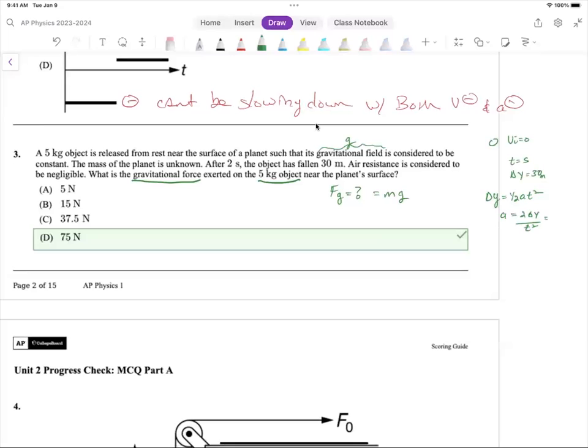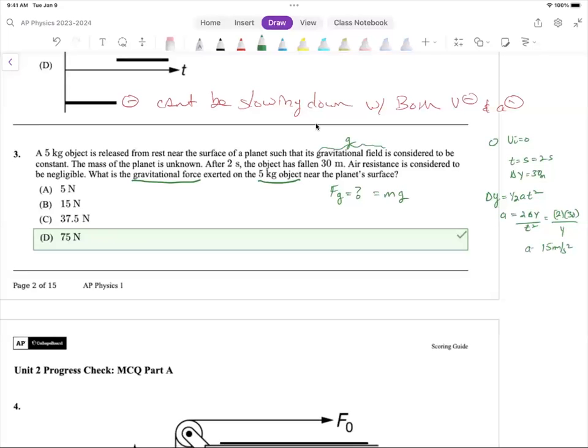And if you plug in the values, again, most of the time you can do this without a calculator. 2 times 30, so I got 60 divided by time squared. How much time did they tell me? Time equals 2 seconds. And so that is 4, and 60 divided by 4 is 15 meters per second squared.